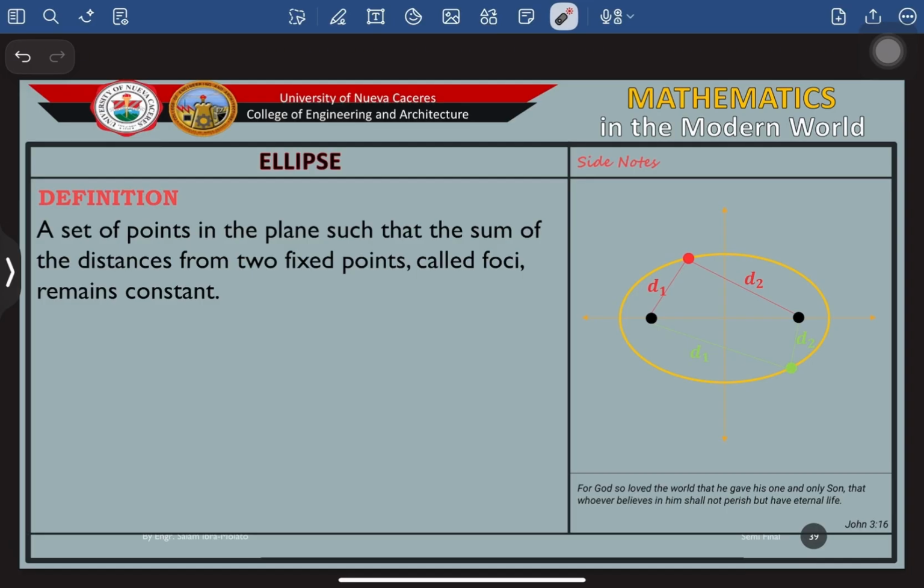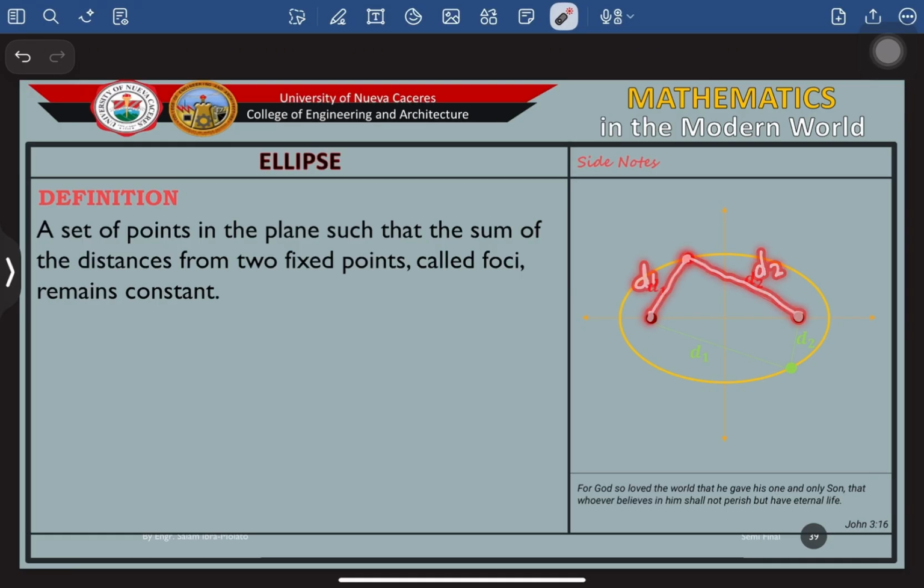Another definition: a set of points in the plane such that the sum of the distances from two fixed points, here are the foci, remains constant. So what does that mean? The distance from one of the foci to a point along the ellipse, denoted here as d sub 1, then from that point to the other focus, that is d sub 2.